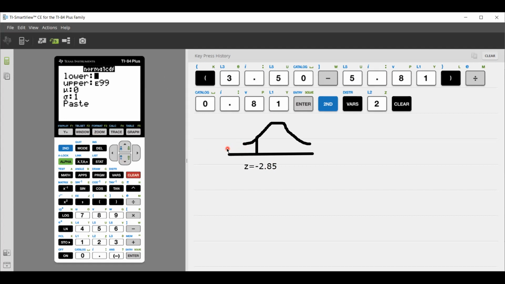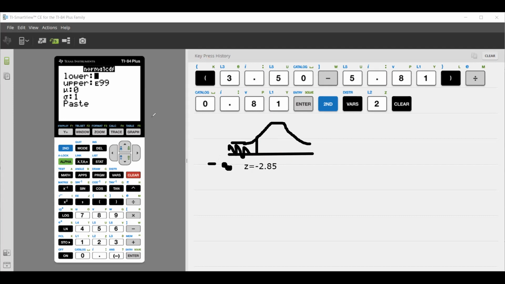Negative 2.85. Well, that would be true if I wanted the area from negative 2.85 up. But what I want is this tail. So what I have out here is actually negative infinity, right?